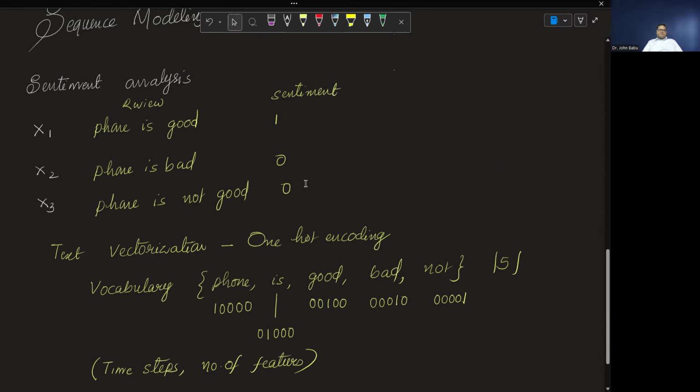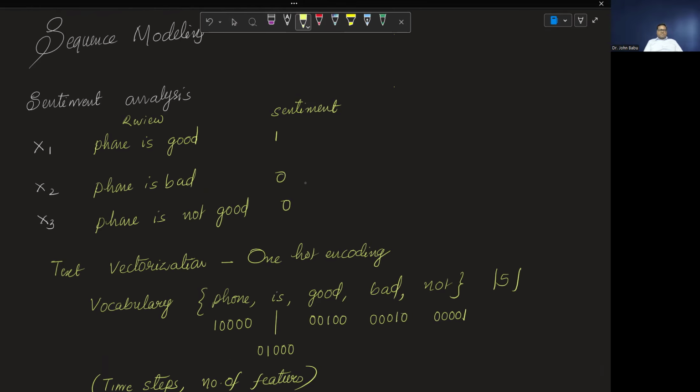So time steps means, when t is equal to 1, I will send the first word, which I will call x11. When time is equal to 2, I will send x12. When time is equal to 3, I will send x13. Then time is equal to 4, I will send x21, then x22, x23. That means this is 3 time steps.